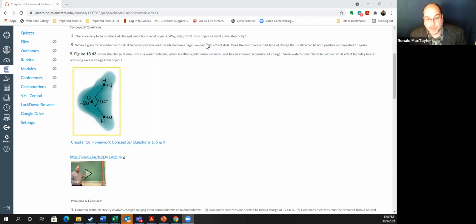And usually there is a balance between the number of protons and the number of electrons so that things are electrically neutral. But we can, with actual physical rubbing of one thing against another, get an imbalance. Some things are more electronegative, so they'll grab the electrons, other things aren't, and so we'll have an imbalance. And so with this temporary imbalance, some things exhibit positive charge and some things exhibit negative charge.